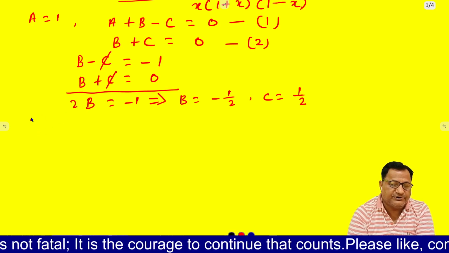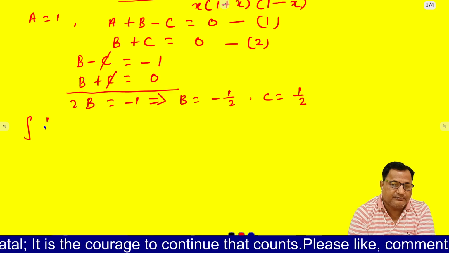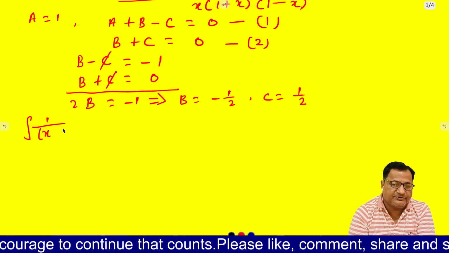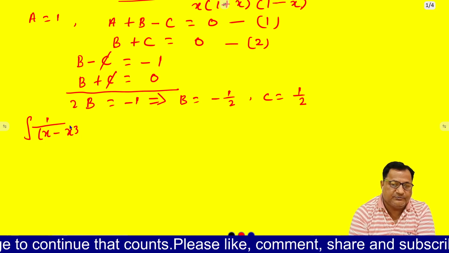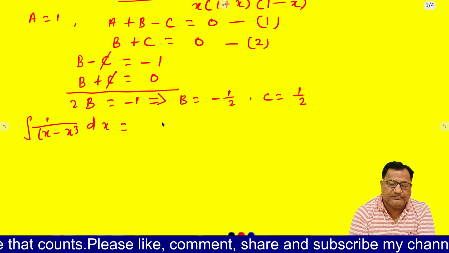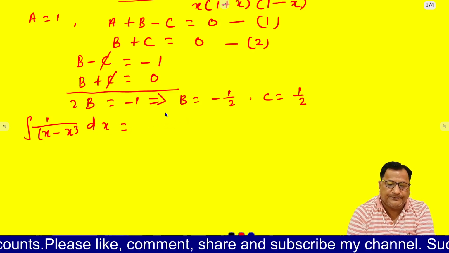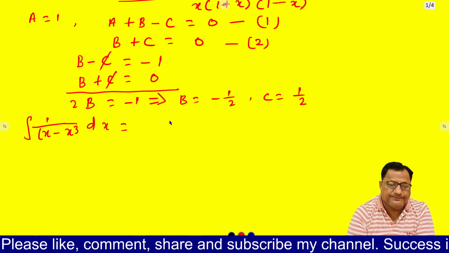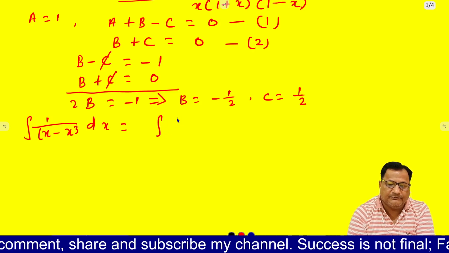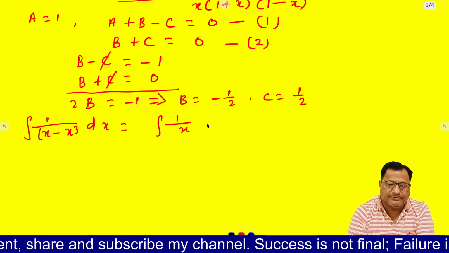Therefore the integration of 1 by x minus x cube dx equals a by x, and the a value is 1, so this will be 1 by x dx.